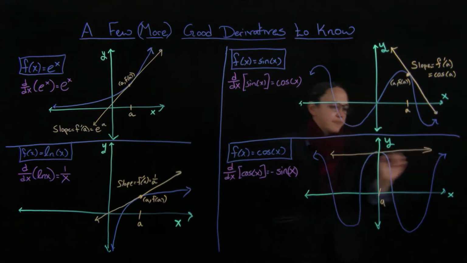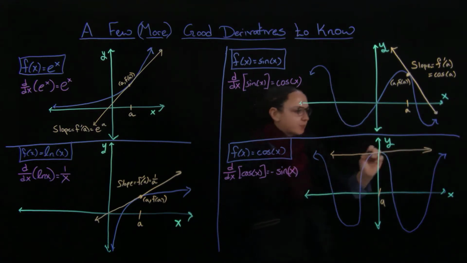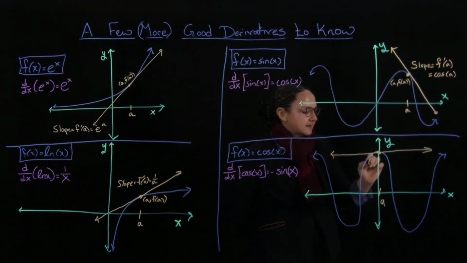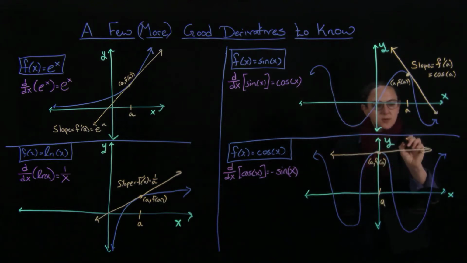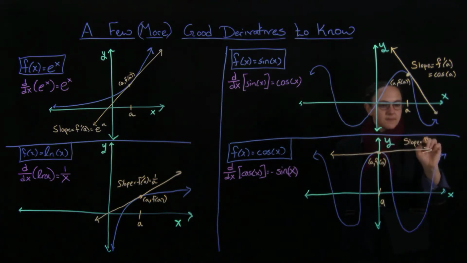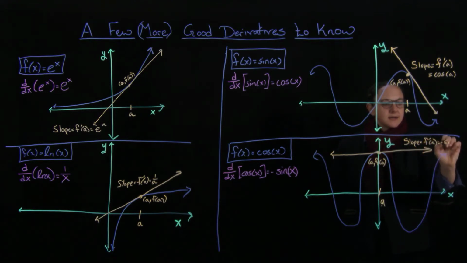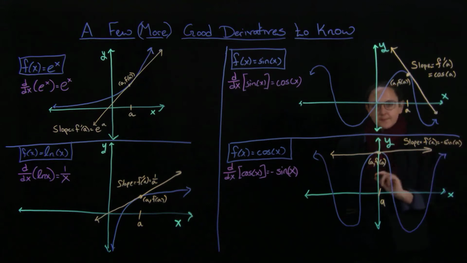It's just 0. So this point here is, again, f of A. Good to keep track of these things. And then the slope here is going to equal f prime of A equals minus sine of A.